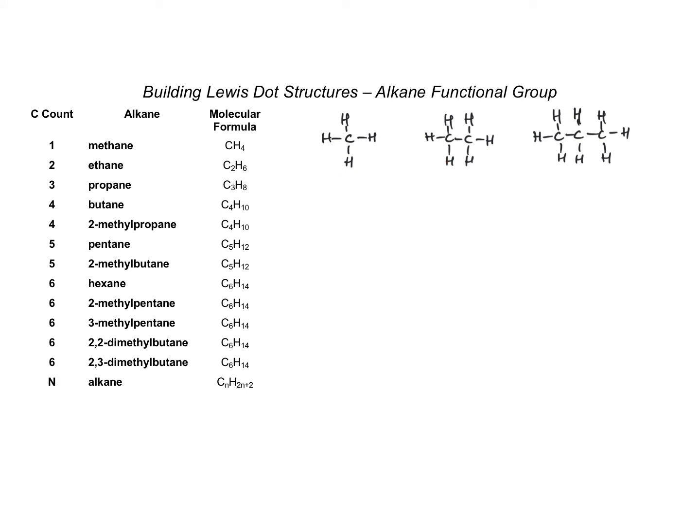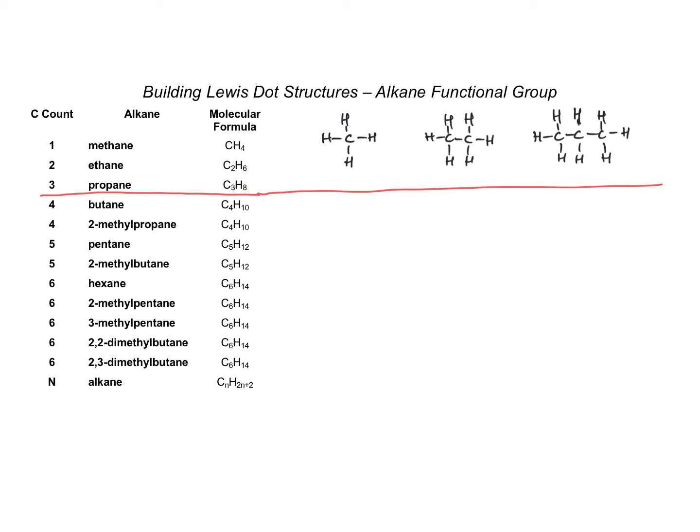So given these molecular formulas for the first 3 here, there's no other way that you can take these elements and build a molecule other than what we've drawn. But as we see with the carbon 4 count, we have butane and 2-methylpropane. They both have the same molecular formula. They both have a mass of 58.